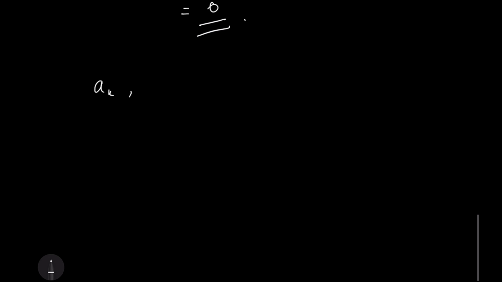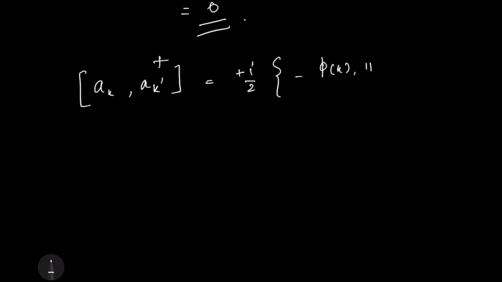And the most awaited one, a_k and a_k prime dagger. Plus i by 2, then minus phi(k), phi(minus k) plus phi(k), phi(minus k prime).